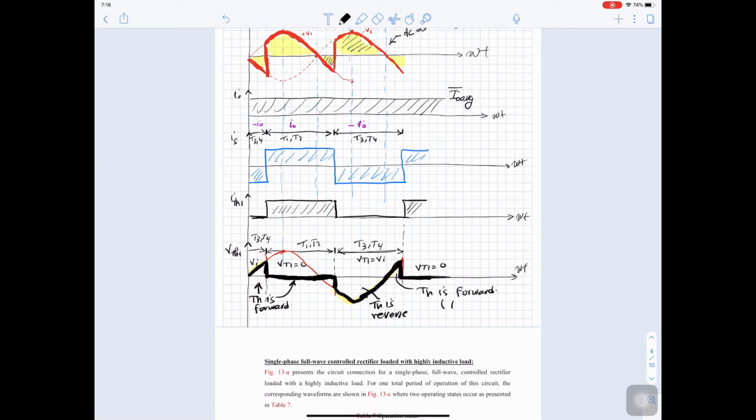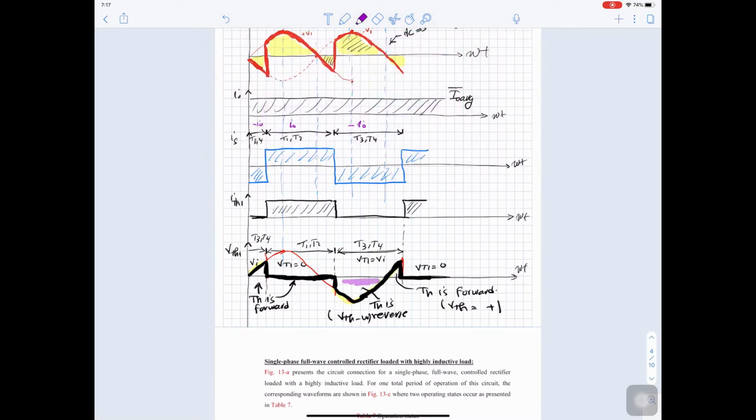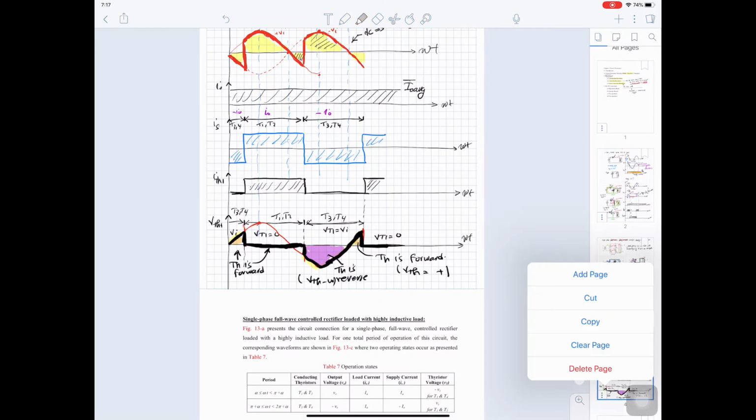Forward means V thyristor is positive, and reverse means V thyristor is negative. So when the thyristor turns off, its voltage is negative, and before turning on, its voltage is positive. And this is the operation idea: to turn on, the thyristor has to be positive, and you have to give it a firing signal.